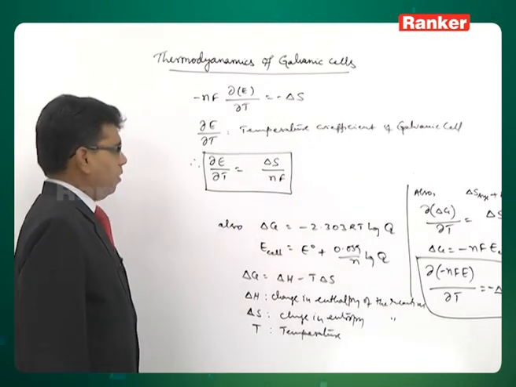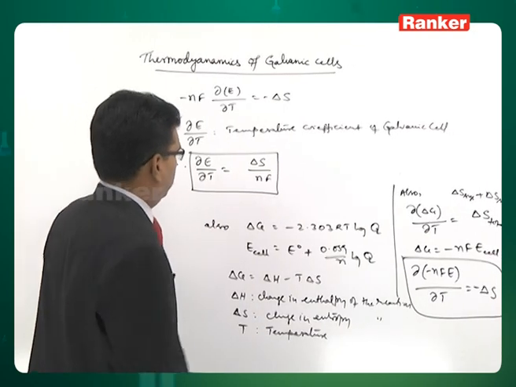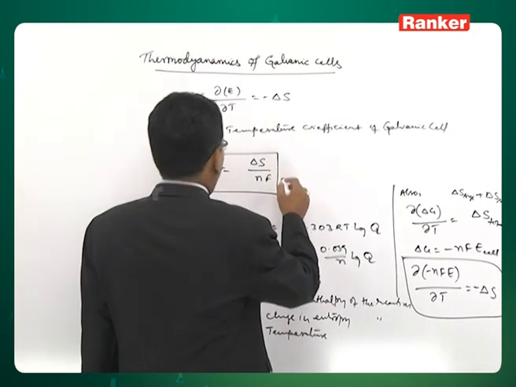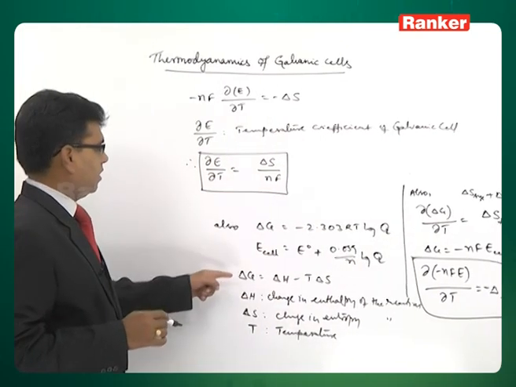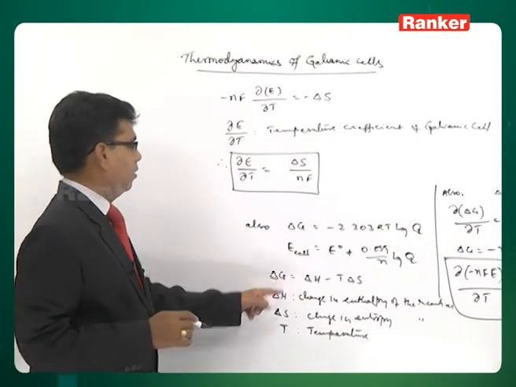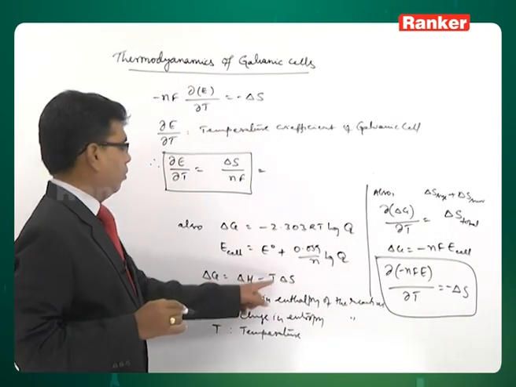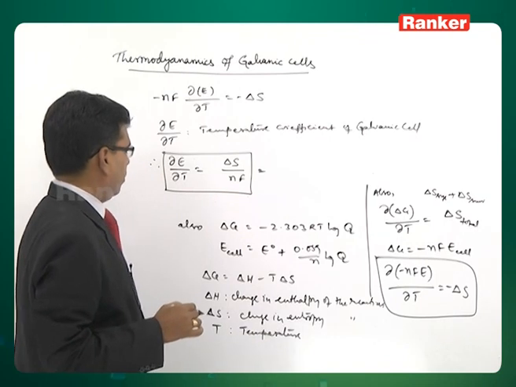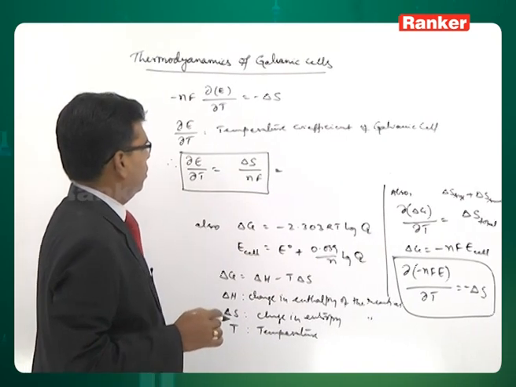Now, from this, delta S in fact is equal to, again, delta G is equal to delta H minus T delta S. So, this again you can put in different ways.